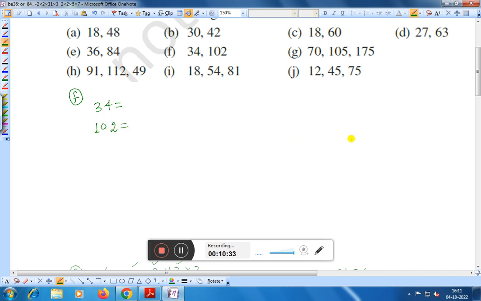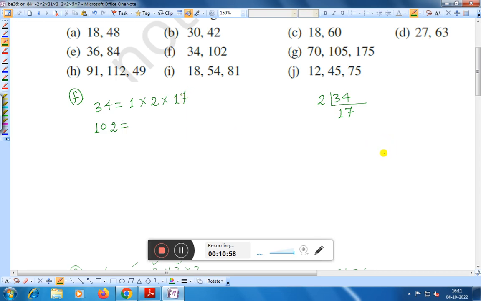Now I'll find the factors of 34 first. 2 times 17 is 34. We can write this as 1 into 2 into 17.